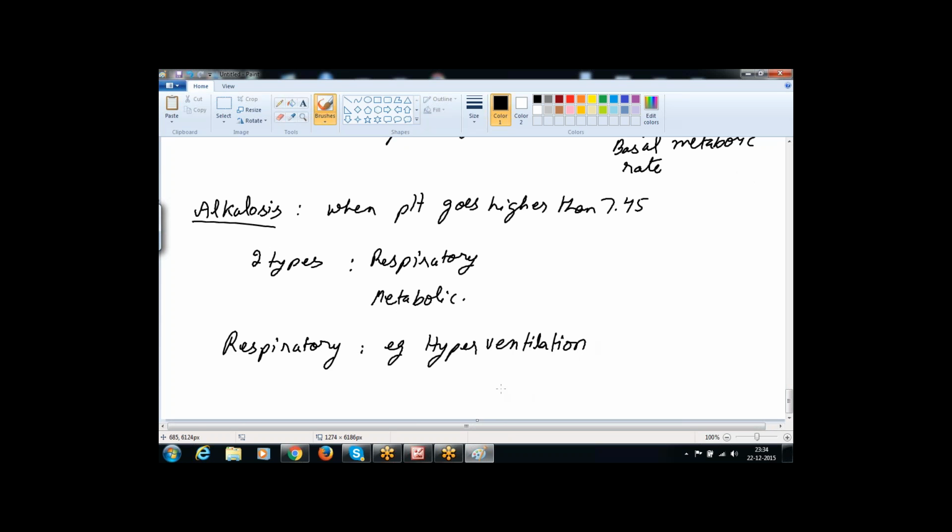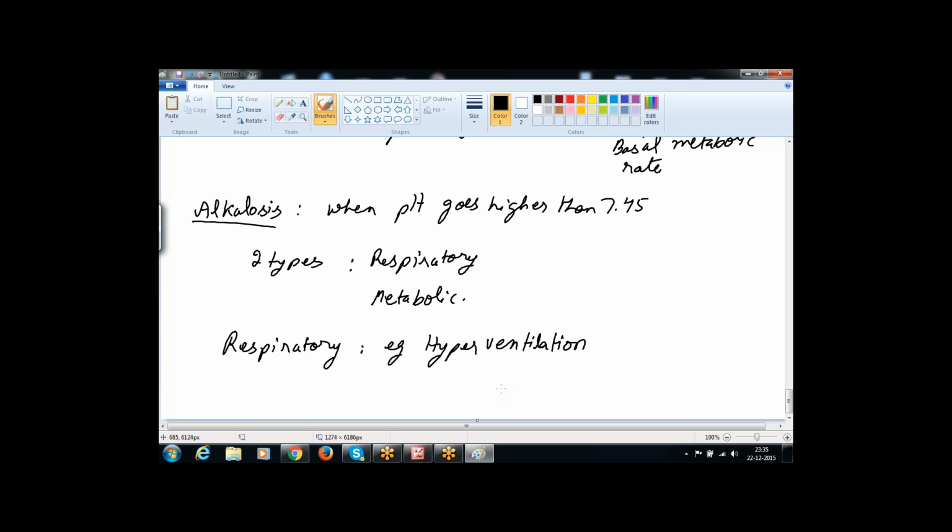If we are breathing more than normal, hyperventilation, taking a lot of oxygen in and giving out carbon dioxide. So if all the carbon dioxide is thrown out, very little carbon dioxide will mean very little carbonic acid.